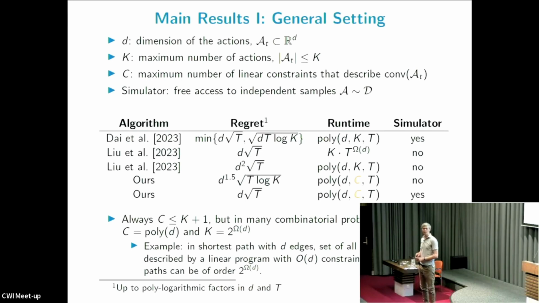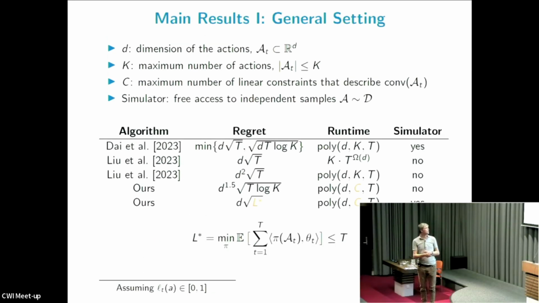So then there's this, and then actually it turns out that the approach we use to get this rate also extends to the case where, instead of T, the number of rounds, if you assume that the losses are between 0 and 1 instead of -1 and +1, you can also have, instead of T, the expected loss of the optimal policy, which is at most T, but for some cases could be significantly smaller.